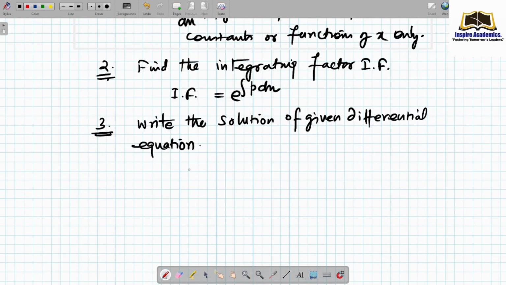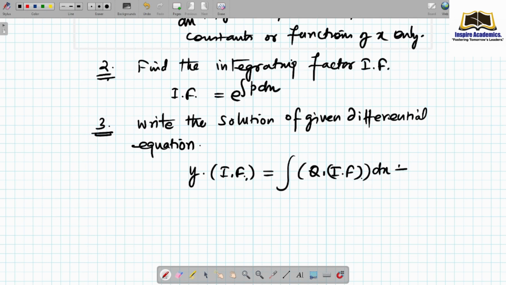The simplicity is y multiplied by I.F., that is integrating factor, which is equal to integral of q times IF dx plus c.